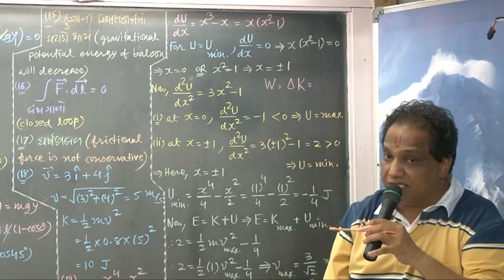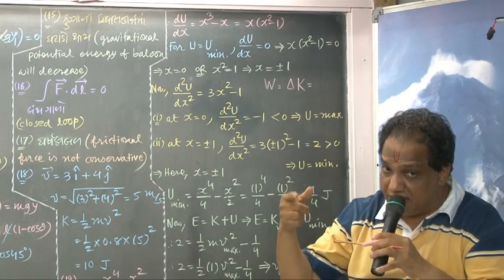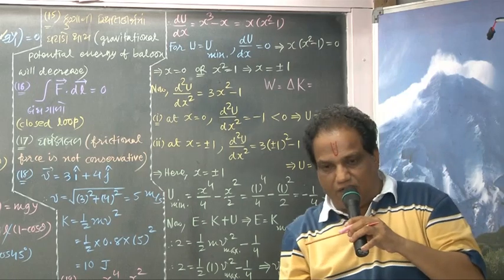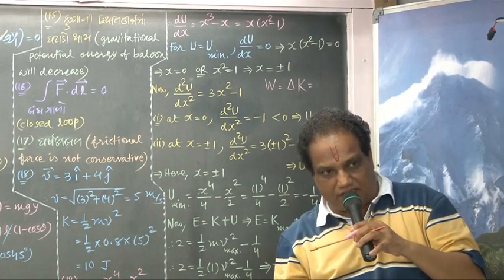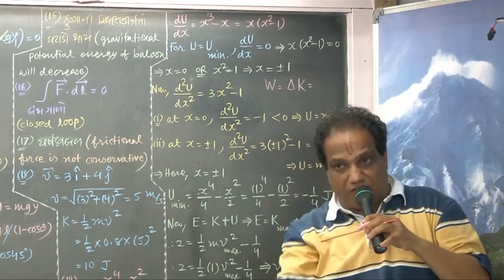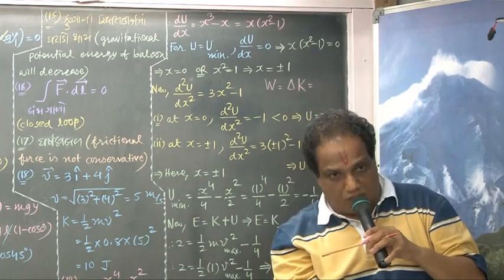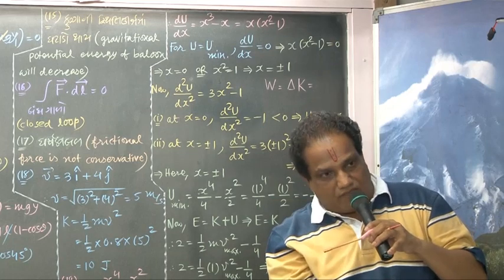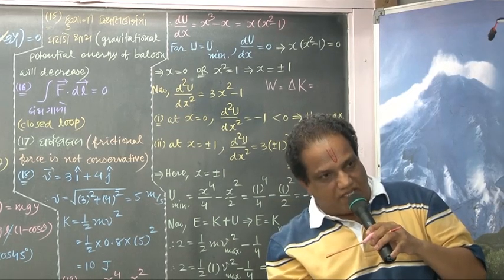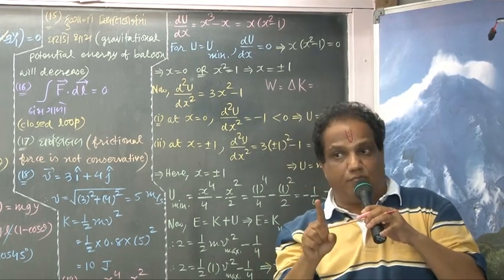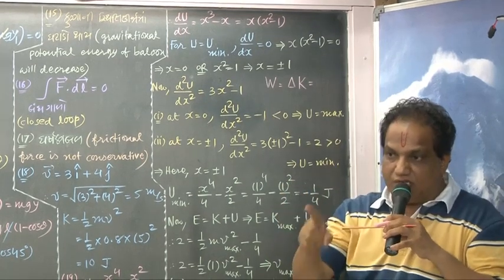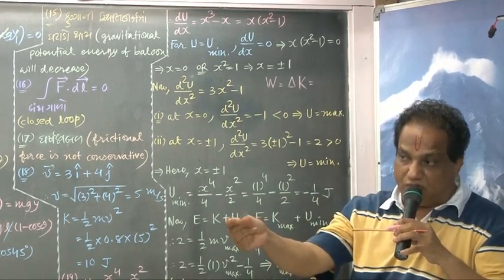Again speed is increasing, kinetic energy is increasing. When you get that body back in your hand, in the same position, it has finished one round trip, it has gone up and come down. At the end of one round trip, the final kinetic energy will be the same as you had provided. So there is a conservation of kinetic energy.